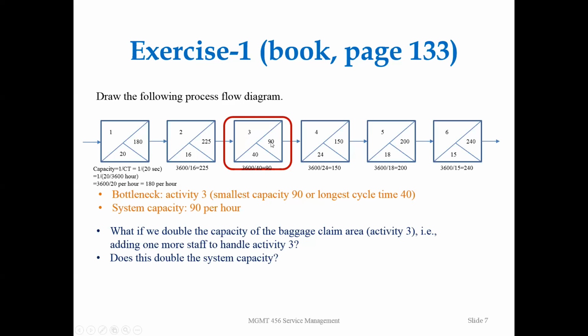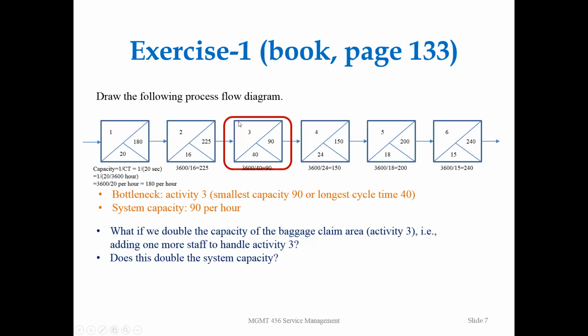So if we can increase 90 to 180, can we double the capacity for the entire process? Think about it. The answer is no. By doubling the capacity for activity 3, the bottleneck activity will shift. It will no longer be activity 3, it becomes activity 4, 150.